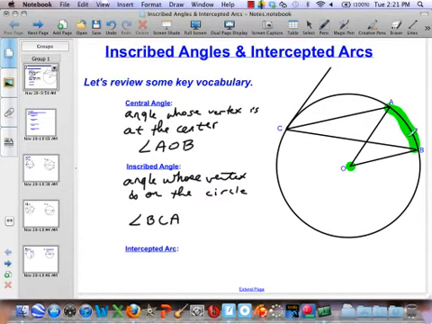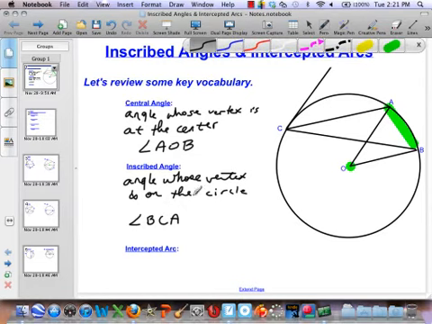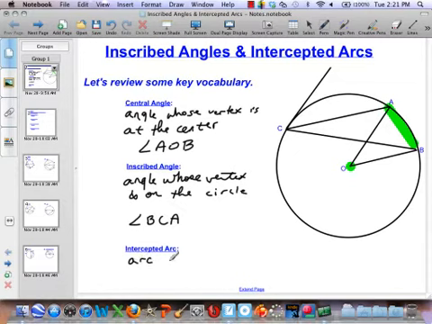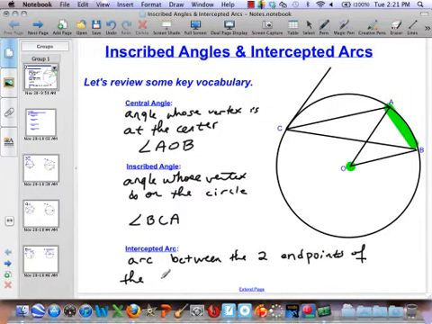Write that down. Arc between two endpoints of the angle.